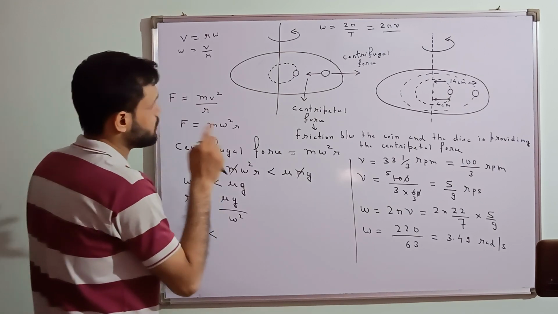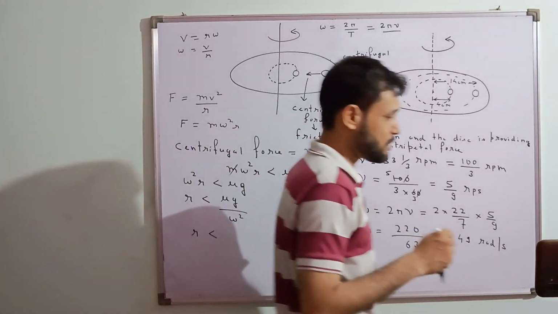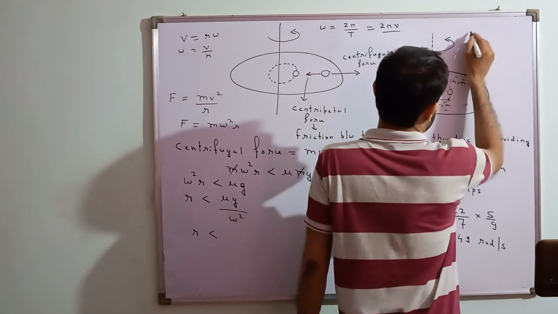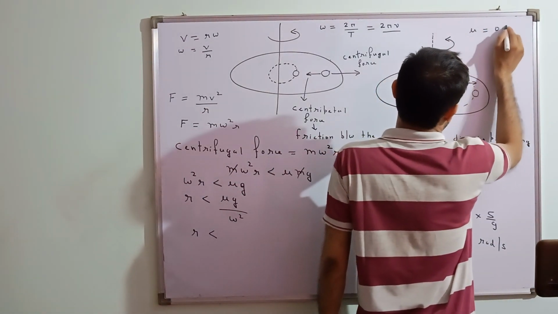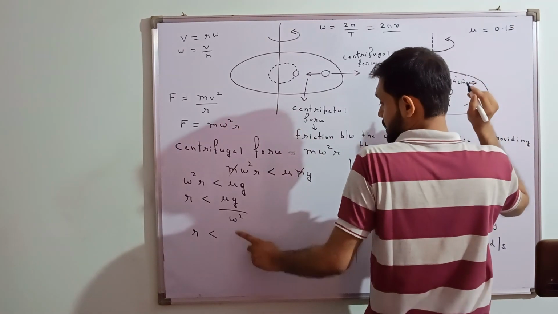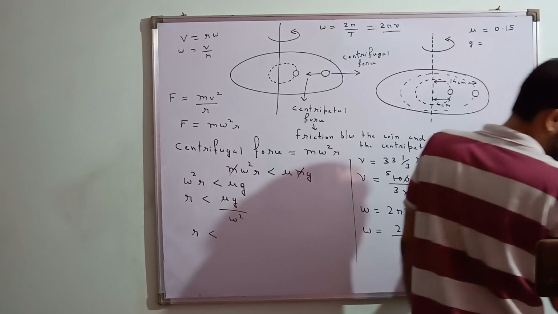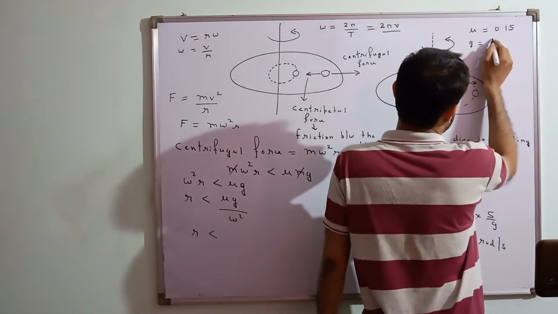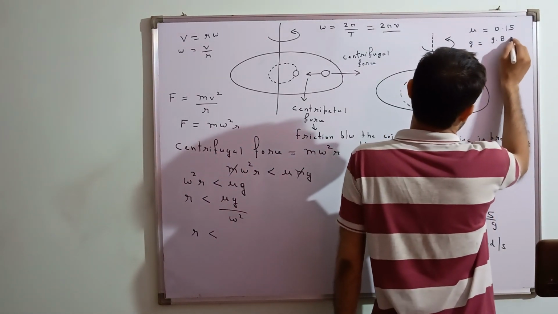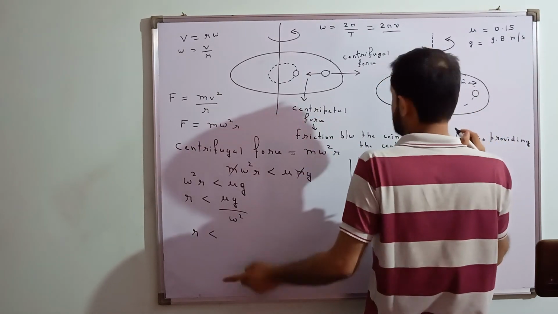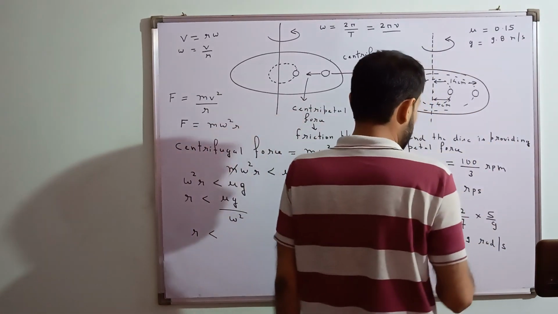What is the value of mu? They have given the value of mu. Mu is the coefficient of friction. So they have given 0.15. I am writing mu as 0.15. Now the next thing we need is g. What is the value of g we are going to put? It is 9.8 meter per second square. Next thing is mu g, then omega. Omega we have already found, 3.49.